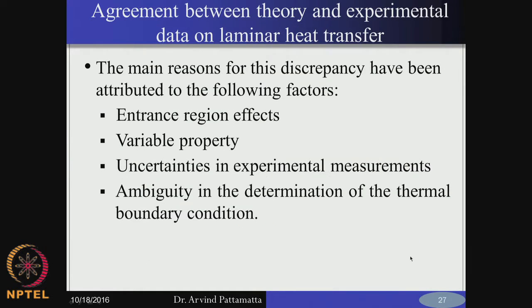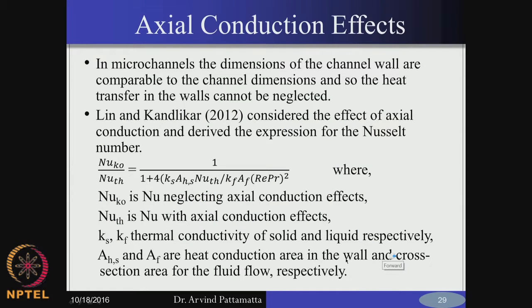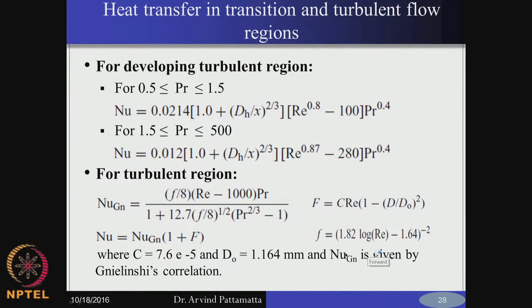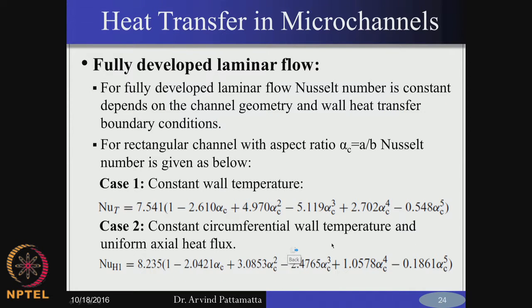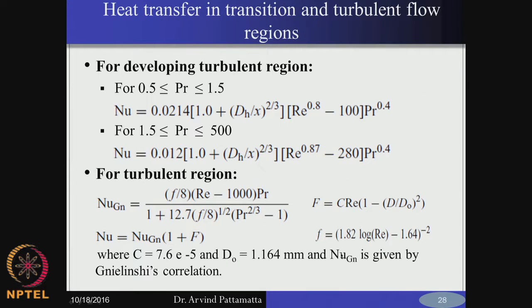Okay. So, therefore, to quickly summarize this problem, now again you have the turbulent regime, similar to the hydrodynamic problem where you had friction factor calculation for laminar and turbulent. Now, you have Nusselt number calculation for the fully developed laminar regime, developing laminar regime, and then you go to the turbulent regime.